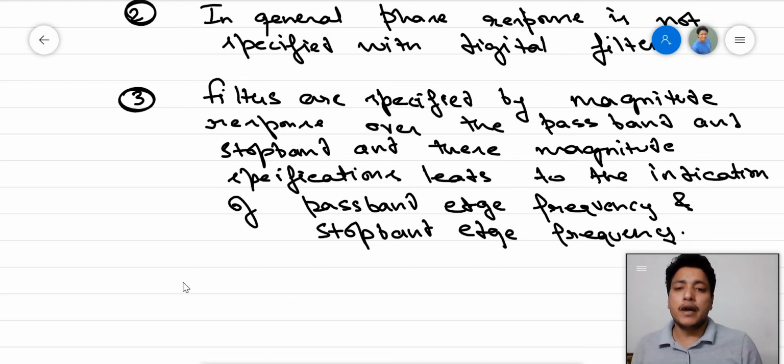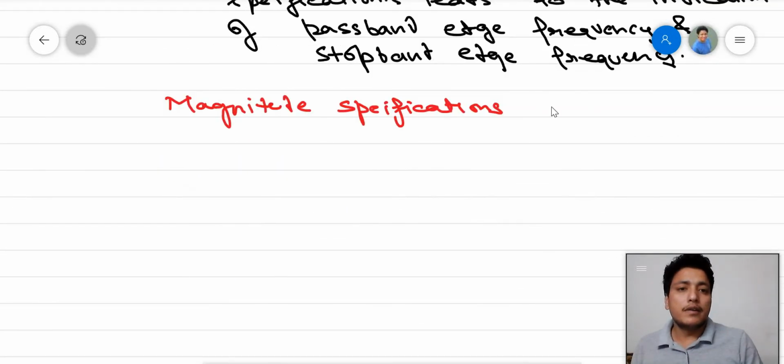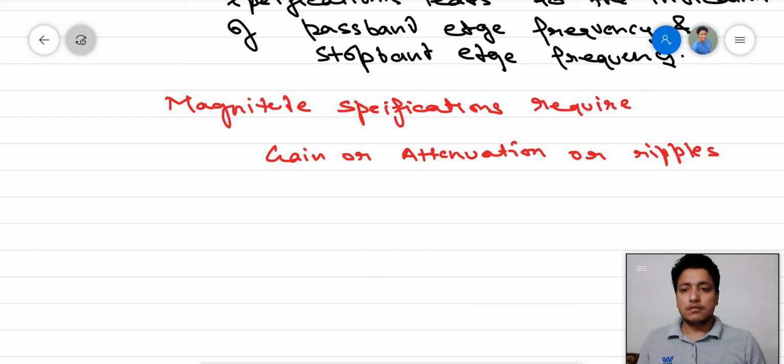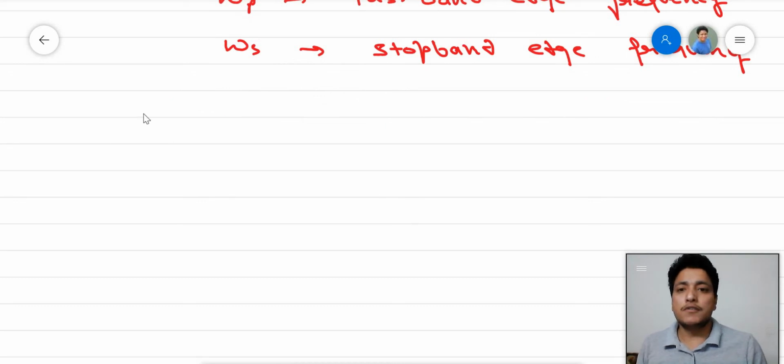Magnitude specifications require gain or attenuation or ripples. One can say any term, whatever they want to say, in pass band and stop band.